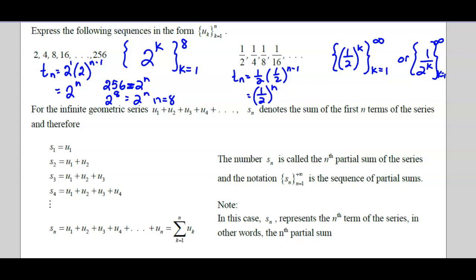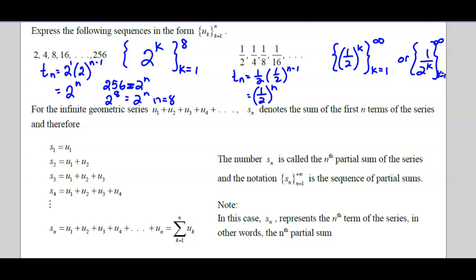Okay, so then we've got the next one, we've got an infinite geometric series. So our terms are u1, u2, u3, etc. Sn will denote the sum of the first n terms of the series. So remember when we talked about series last year, S1 is going to be the same as the first term, right?